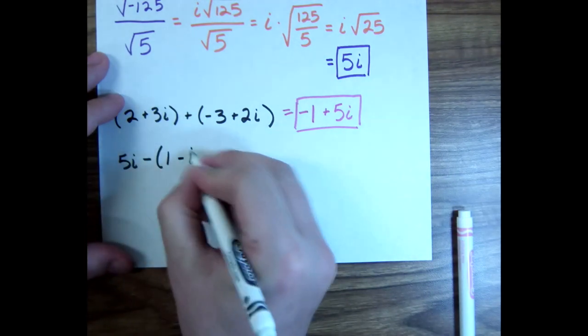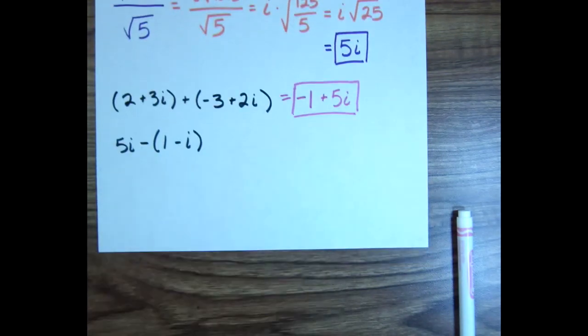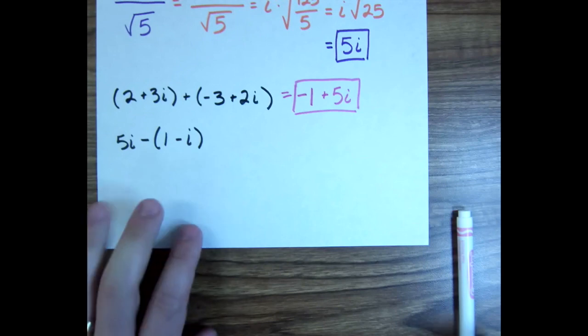Let's do a subtraction. You got to be careful when you have a subtraction sign out in front of a set of parentheses. You got to be real careful because that's a distributive sign. It's a distributive property problem. It's -1 and minus -i.